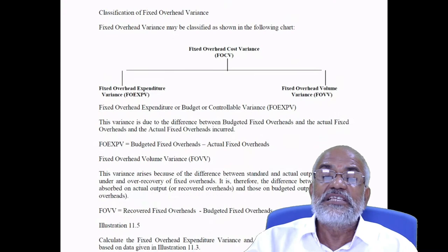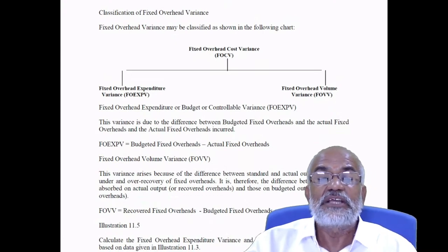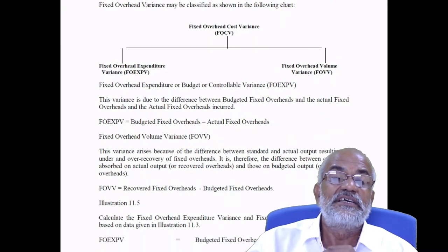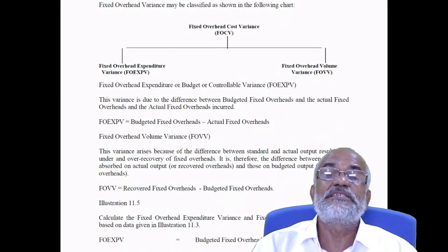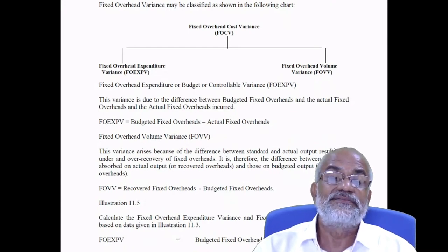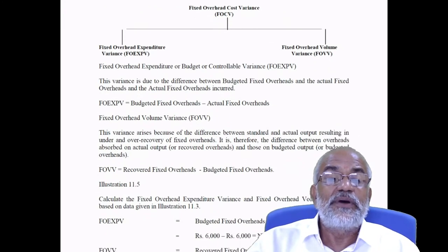It is therefore the difference between the overheads absorbed on actual output, that means the recovered overheads, and those of the budgeted output or the budgeted overheads. Thus, the FOVV, that means the fixed overhead volume variance, is equal to recovered fixed overheads minus the budgeted fixed overheads. Let us take the example from illustration 11.5.